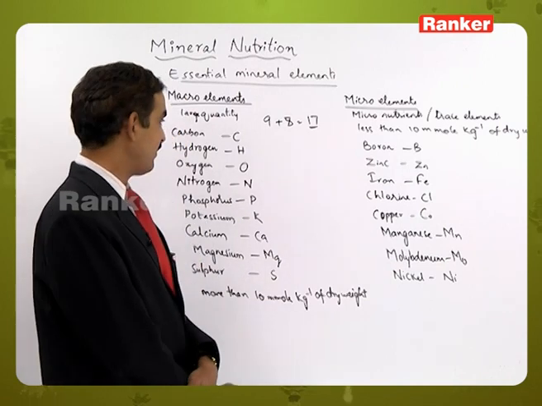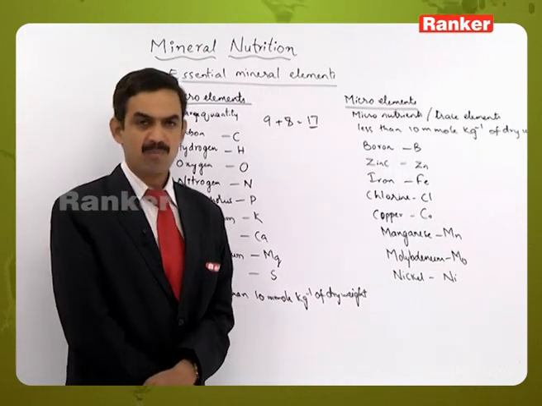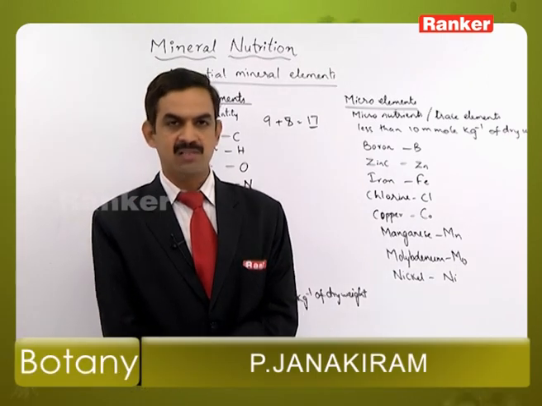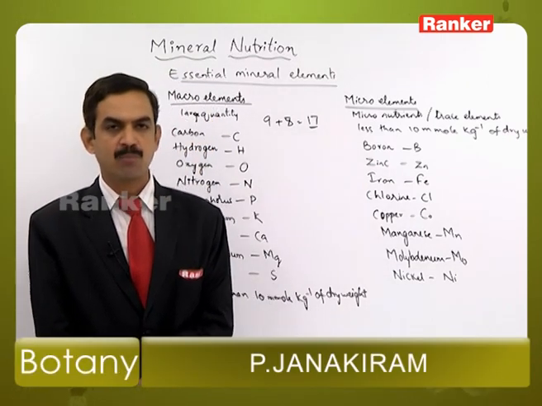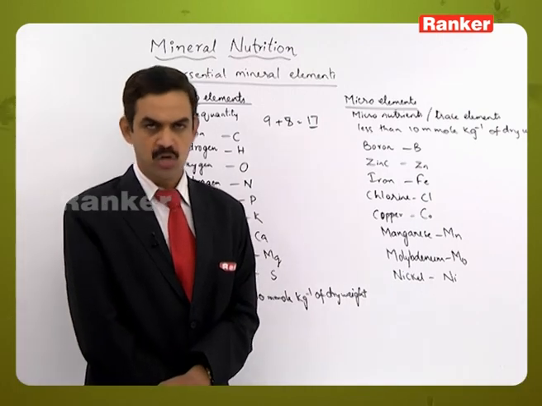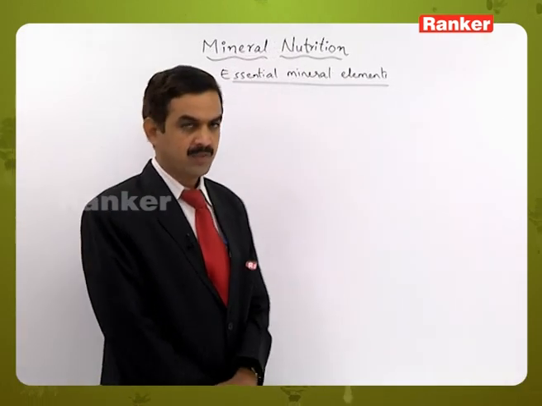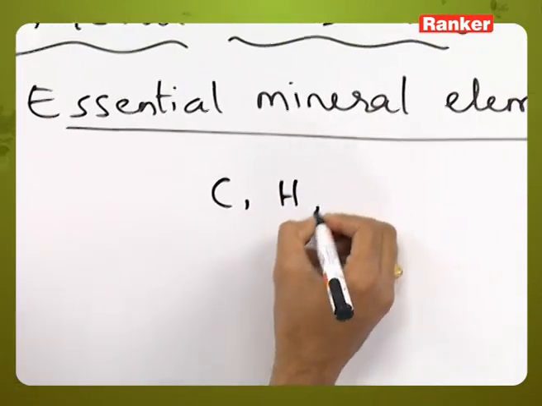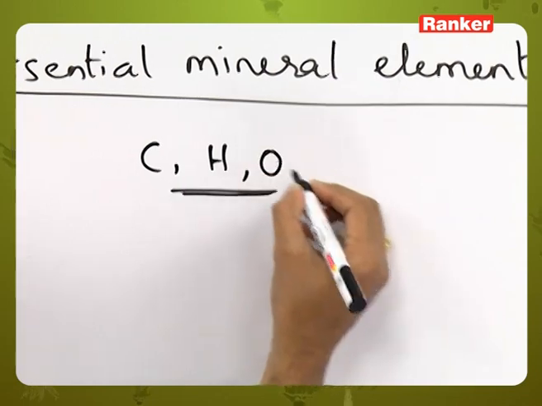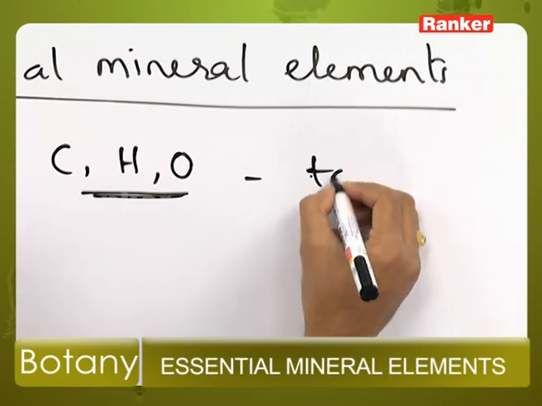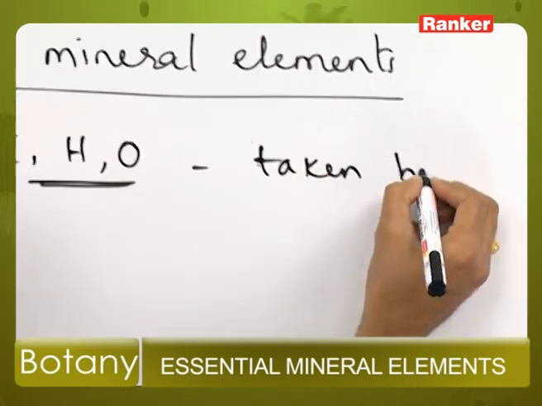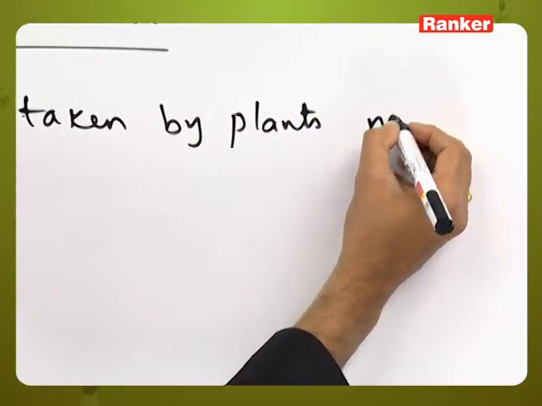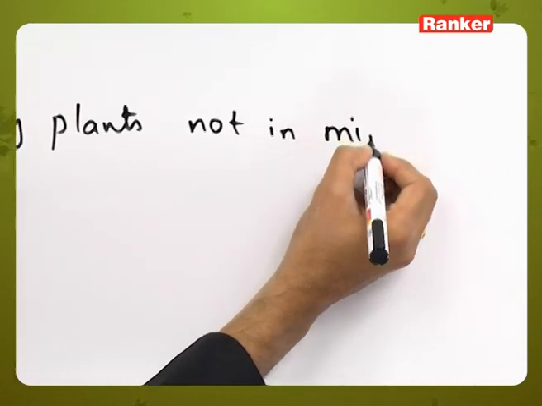Now let us see the significance or role of these elements in the plants and in which form they are absorbed by the plants from the soil. Of these 17 essential elements, carbon, hydrogen and oxygen are taken by plants not in mineral form.